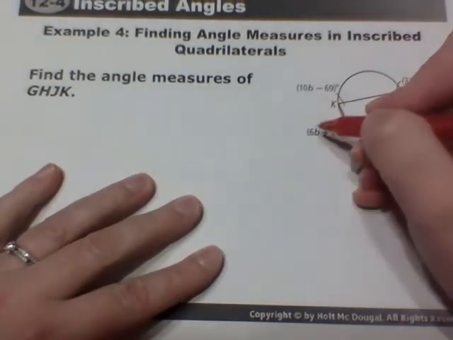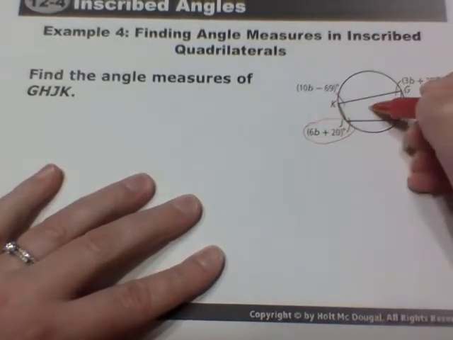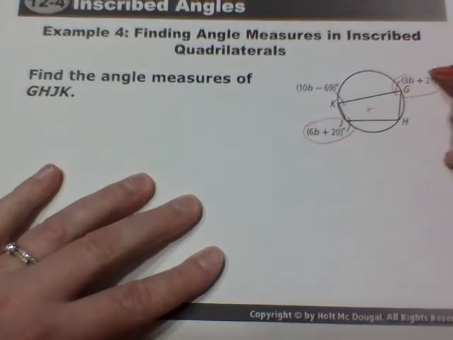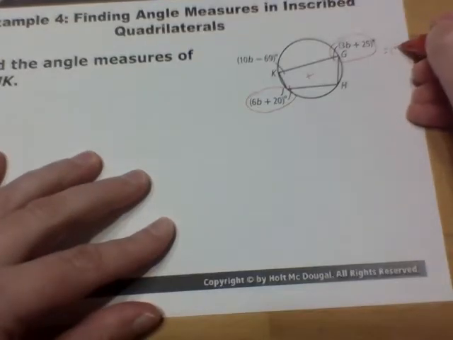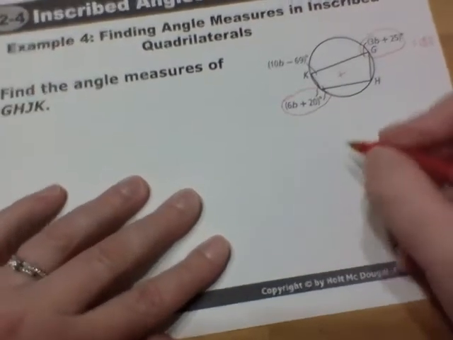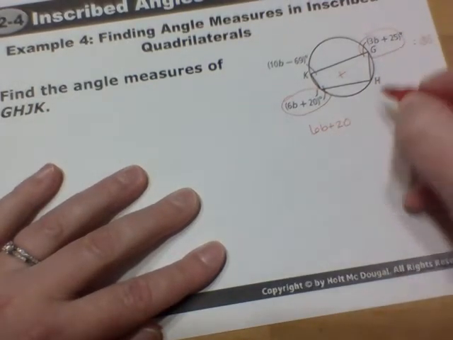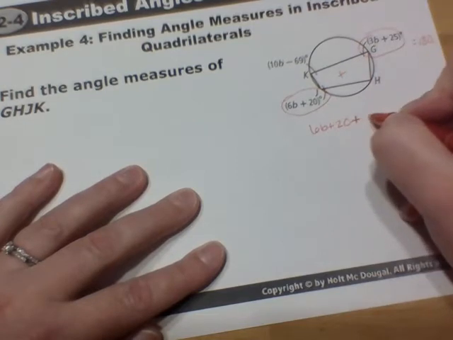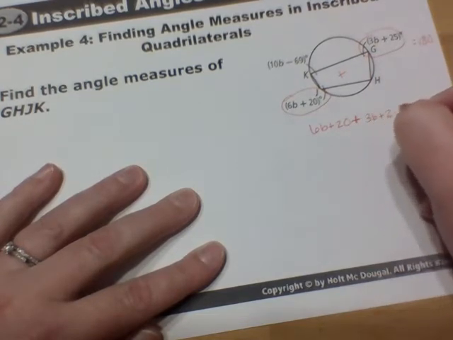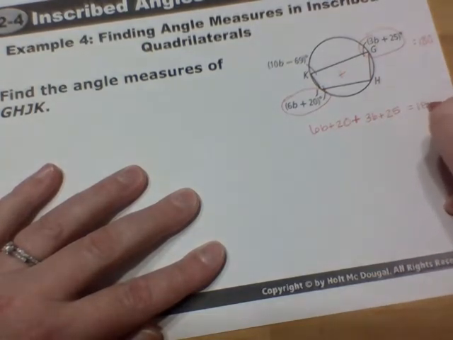But to do that, this opposite angle with this opposite angle should add to be 180. So algebraically, I should have 6B plus 20 plus the other angle, which is 3B plus 25, and that should equal 180.